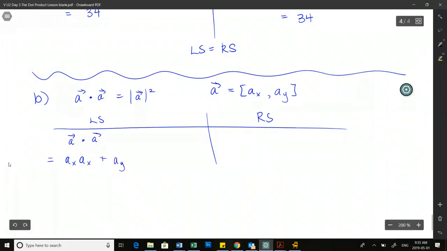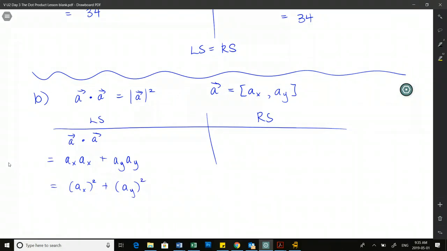So our ay times our ay. And essentially that's ax squared. Agreed? Ax times ax squared. We're good with that? Okay. So we're going to say this. Good? We're all okay with that?